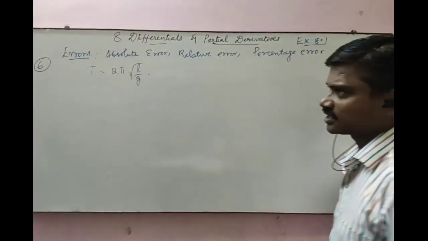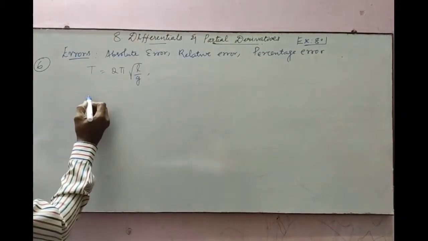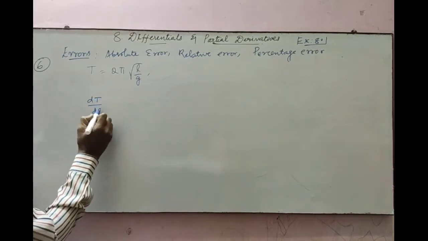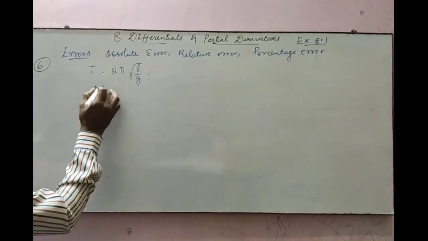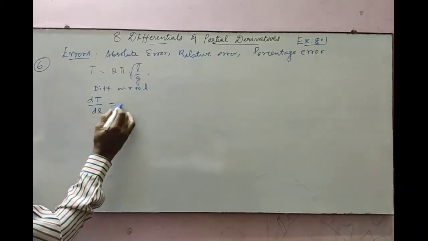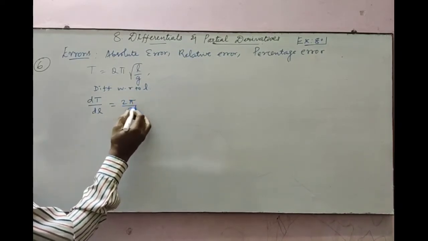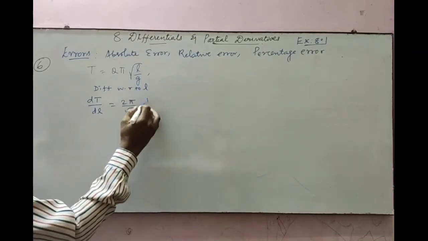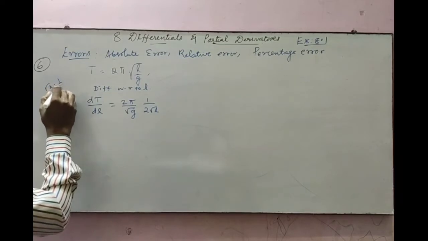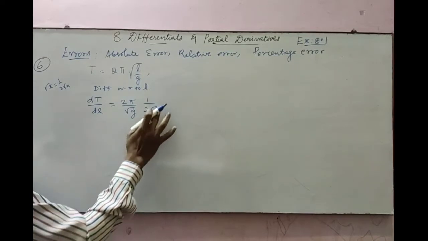For the percentage error, first you have to find the relative error. Relative error into 100 gives the percentage error. So first I am going to differentiate this with respect to L. We get dt by dL equal to 2 pi, here I am bringing the root g in the denominator, root L. If you differentiate root L, you will get 1 by 2 root L, just like differentiating root x gives 1 by 2 root x.